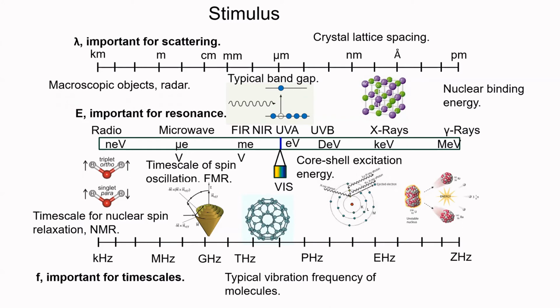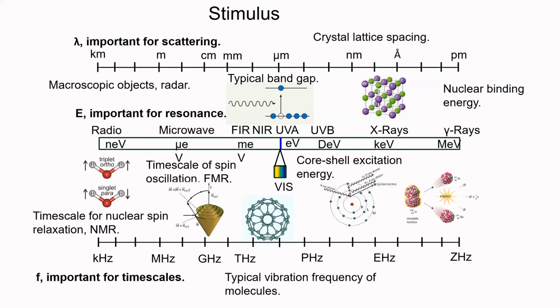Going a bit further up in energy, you're starting to look at things like typical band gaps in materials. So for example, the band gap in silicon is about an electron volt, which is getting close into the visible, well, it's around about the visible light range. Coming up in energy a bit further, you start looking at things like energy transitions in atoms.